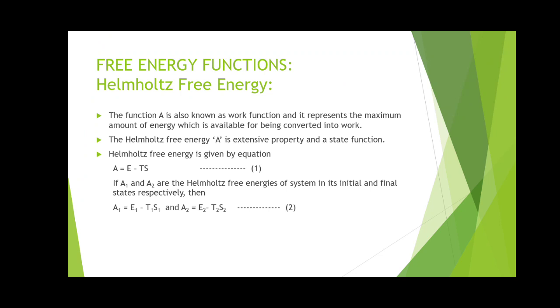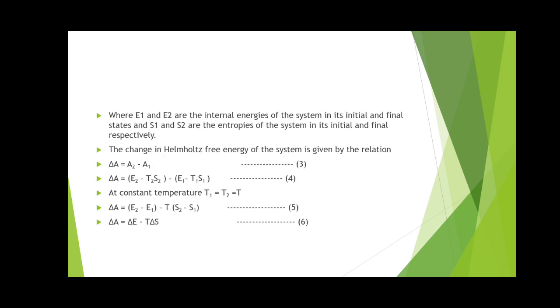Then equation 1 can be written as A1 = E1 - T1S1 and A2 = E2 - T2S2. It is denoted as equation number 2. But E1 and E2 are internal energies of the system in initial and final state, and S1 and S2 are the entropies of the same system in its initial and final state respectively.